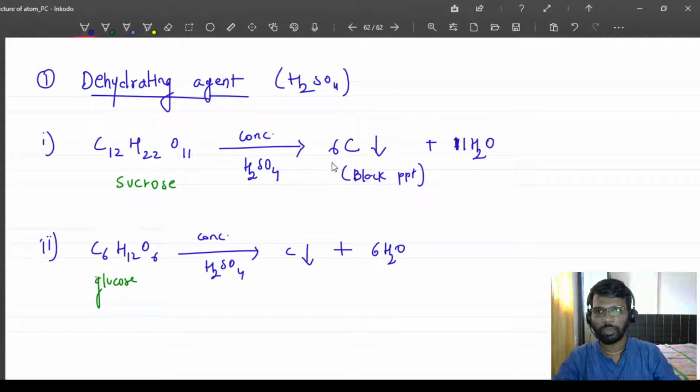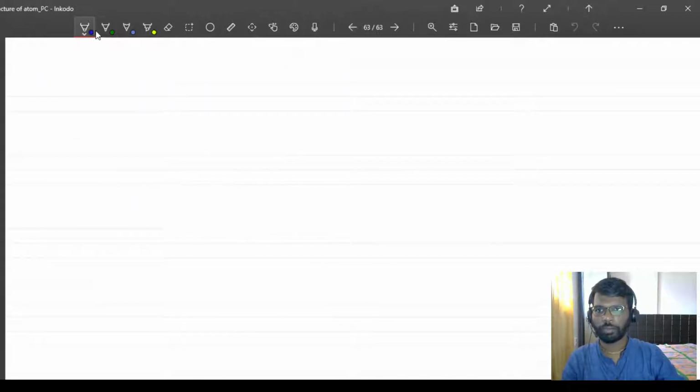To balance, I'll put 12 over here. But you are getting carbon in this format.